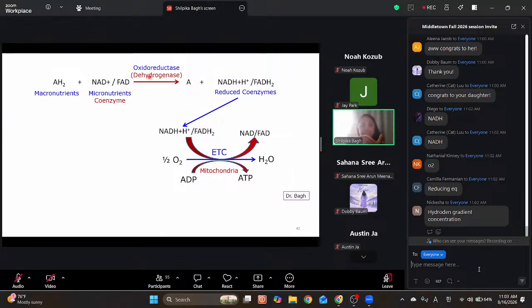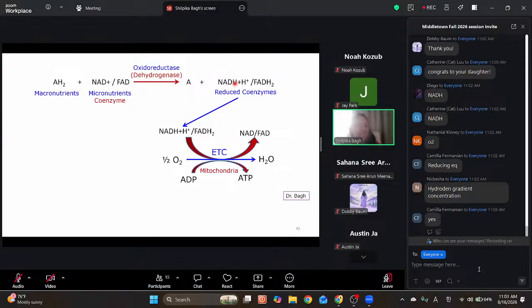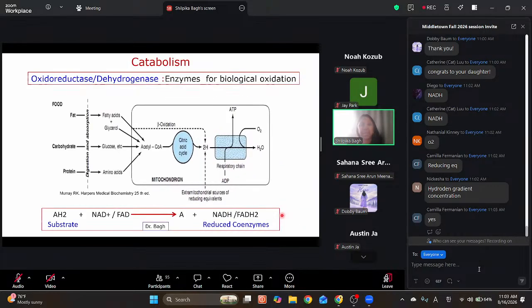Don't forget, you need a lot of enzymes. Coenzymes: is NAD used more than FAD? Yes, NAD is used more than FAD. And where do these reducing equivalents go? To the electron transport chain to synthesize ATP. All I'm trying to say, you're not wrong when you say you need enzyme, as I said, oxidoreductase.